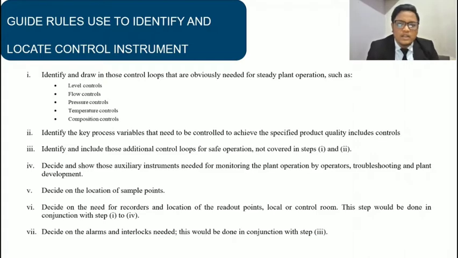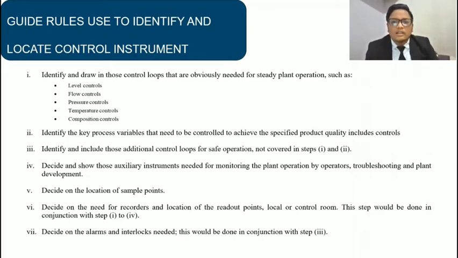First, identify and draw in those control loops that are obviously needed for safety and for steady plant operation, such as level controls, flow controls, pressure controls, temperature controls, and composition controls.